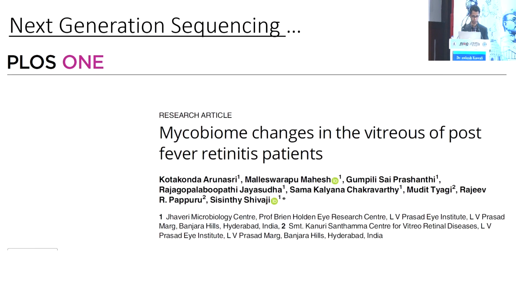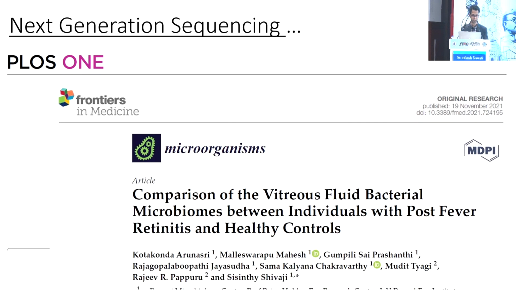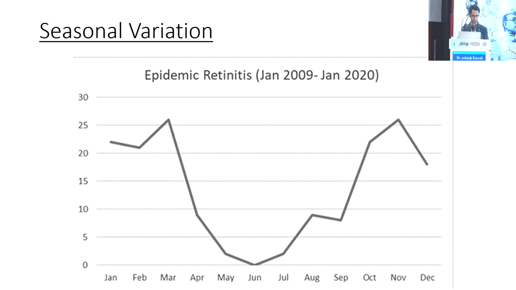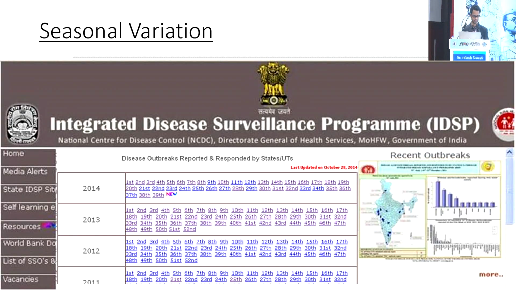Few authors tried to hunt down the organism by using even next generation sequencing. So they have isolated multiple organisms, but none which can explain the occurrence of fever or skin rash or joint pain. So we tried to look at the other side of the coin by studying the seasonal variation of this disease. And we used the Integrated Disease Surveillance Program.